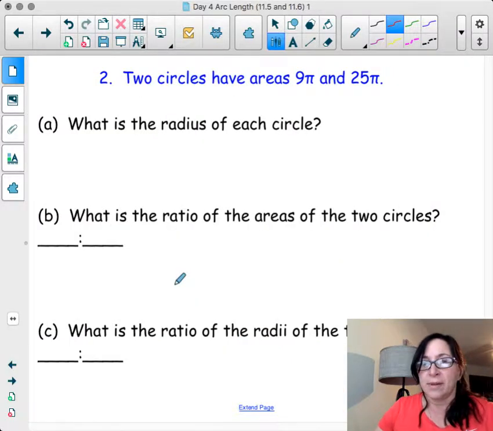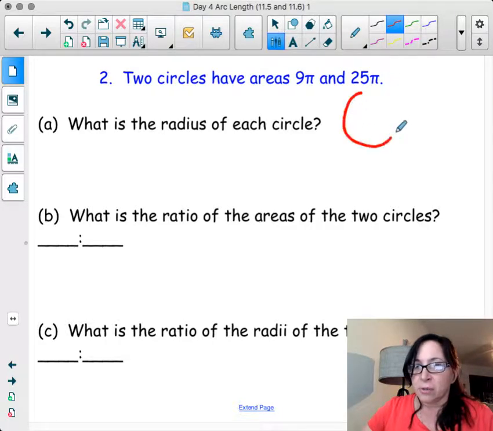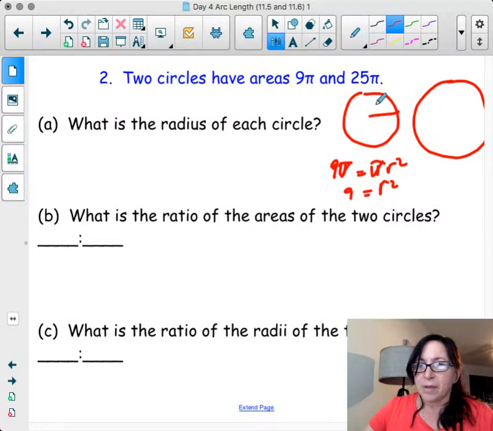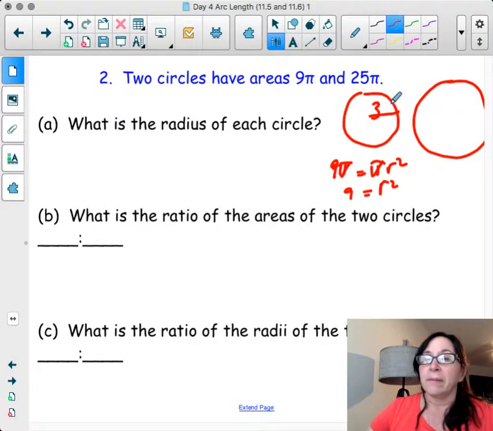All right, so this is sort of going a little backwards. If I have two circles and their areas are 9 pi and 25 pi, I'm just going to draw a couple of circles. If this one, the area inside is 9 pi, well, area is equal to pi r squared. So if I divide by pi, those go away, and I have r squared equals 9, which basically means this radius is 3.